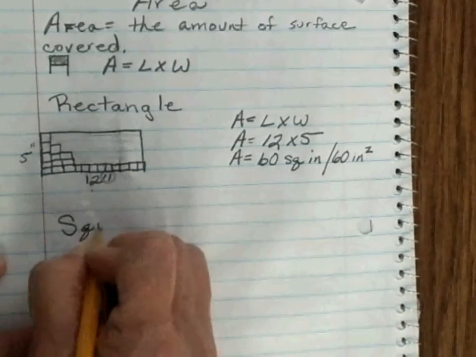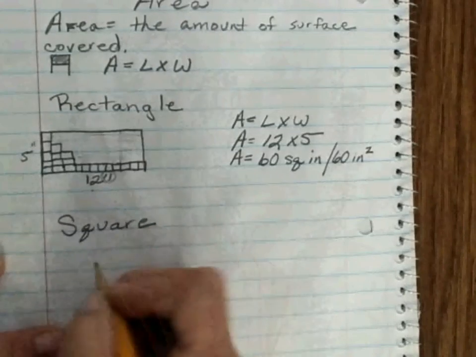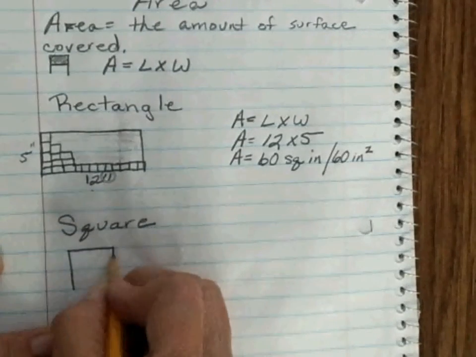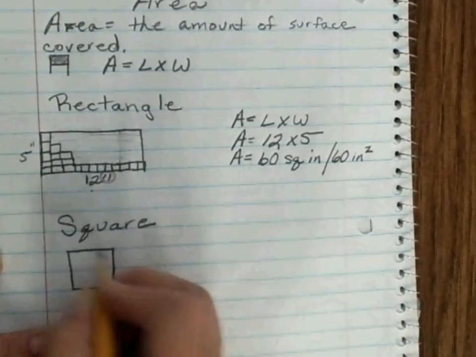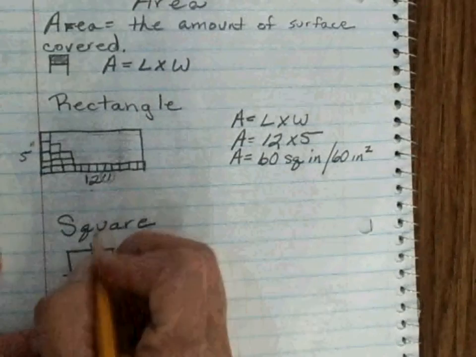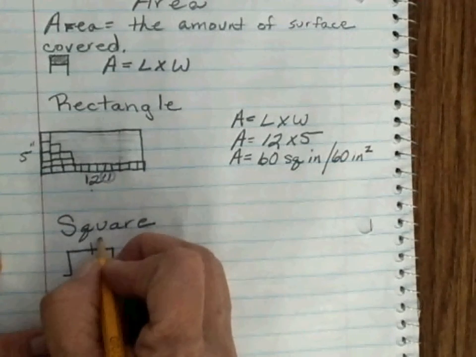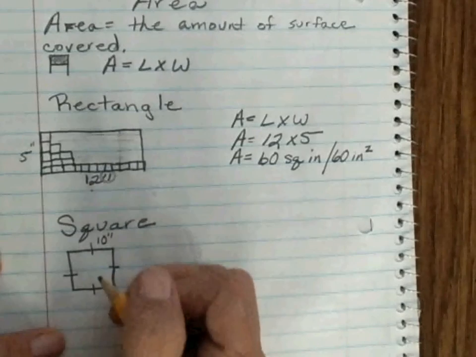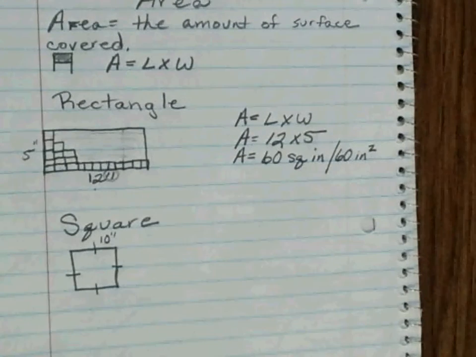So how does this look for a square? Okay? Well, we know that a square is congruent on all 4 sides, right? These are all the same amount. And so my problem tells me that my length is 10. Okay, so if that's all the problem tells me is my length is 10, well, it's a square, so I know that all sides are the same.